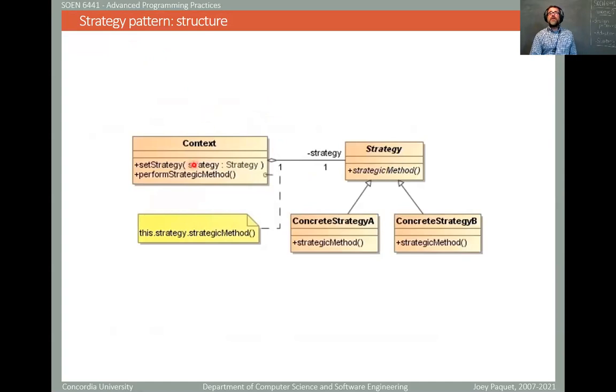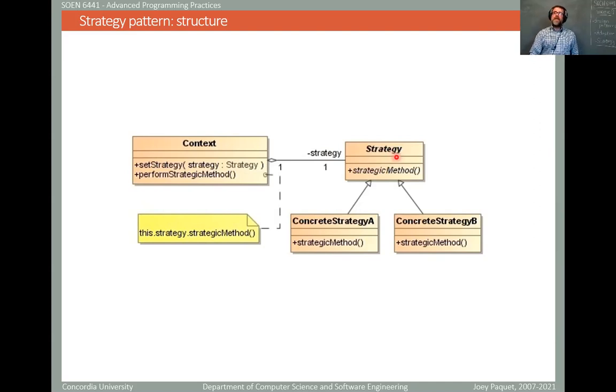So here's the structure of the strategy pattern. First of all, here's the strategy class. The strategy class can be either an interface or an abstract class. In my specific example, I've used an abstract class. Why? Because I wanted to have the possibility of my strategy having data members.